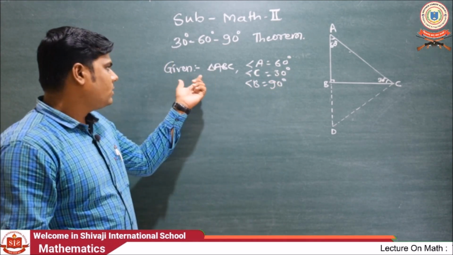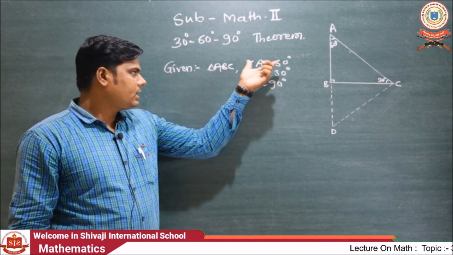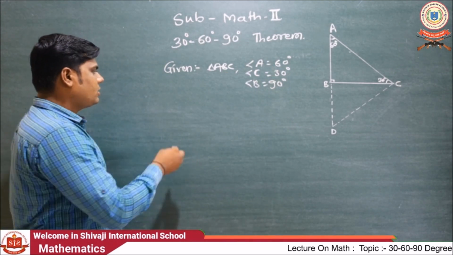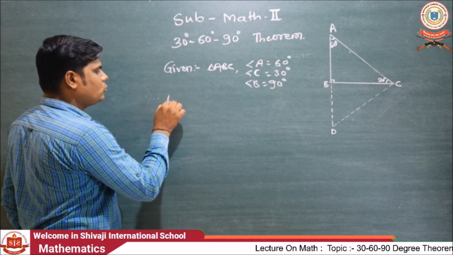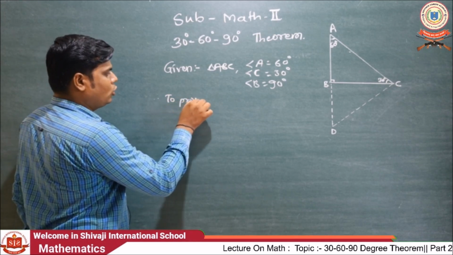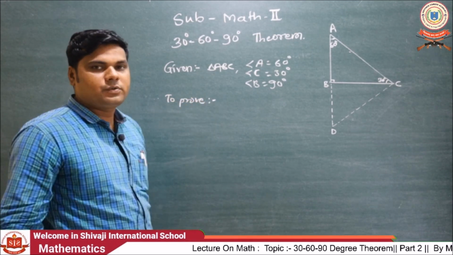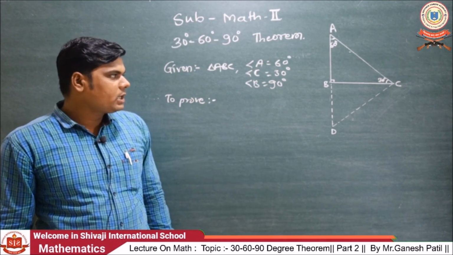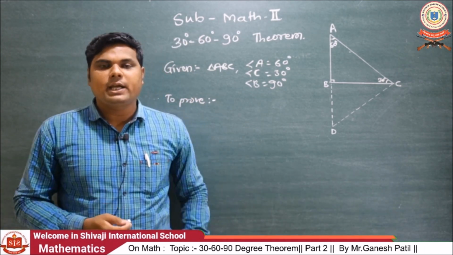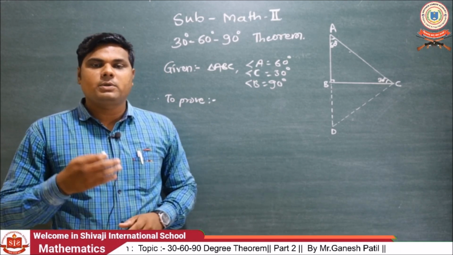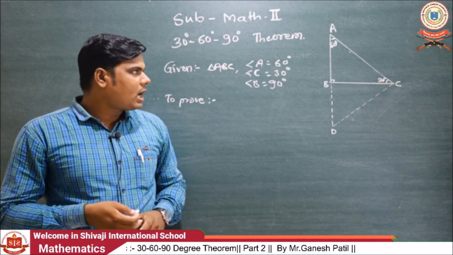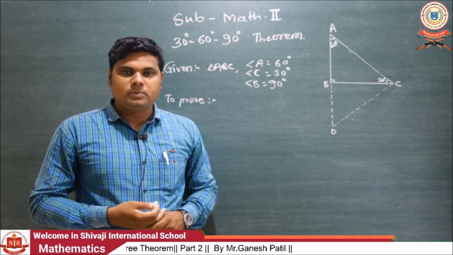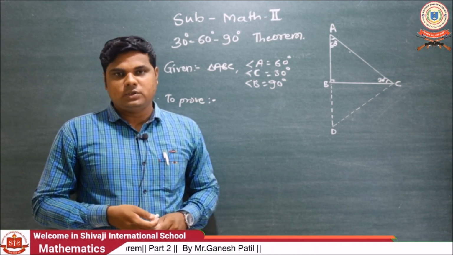This is the given triangle and these are the measures of its angles. Now see what the to-prove part is. We have to prove that the side opposite the 30 degree angle is half the length of its hypotenuse, and the side opposite the 60 degree angle is equal to root 3 by 2 times its hypotenuse.